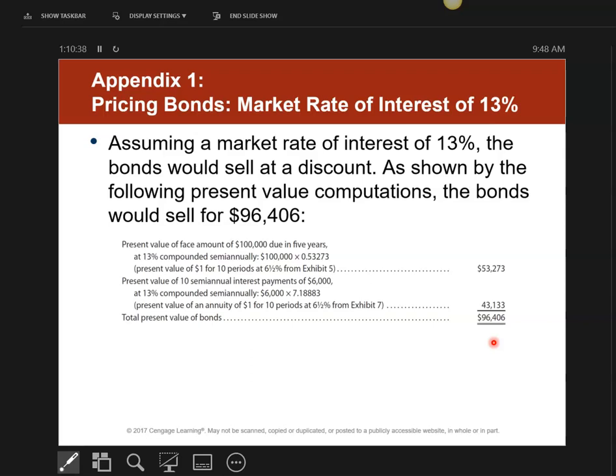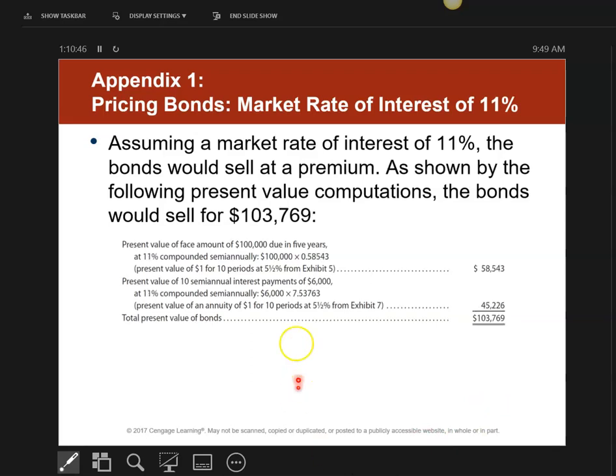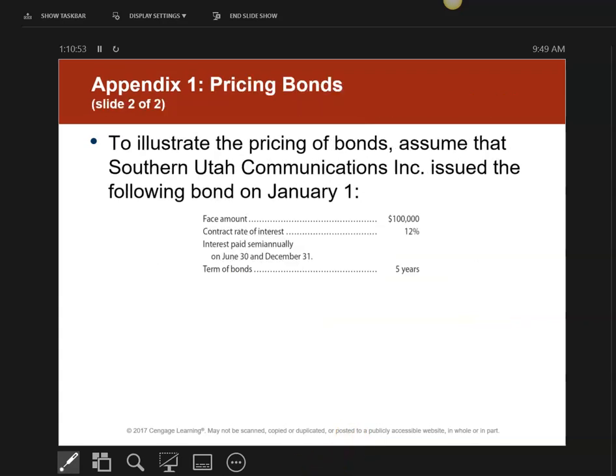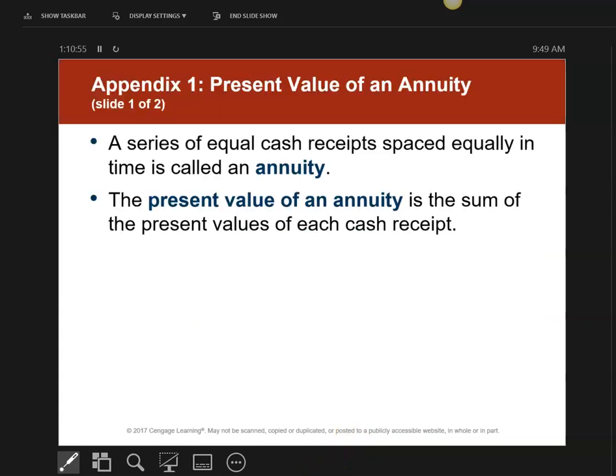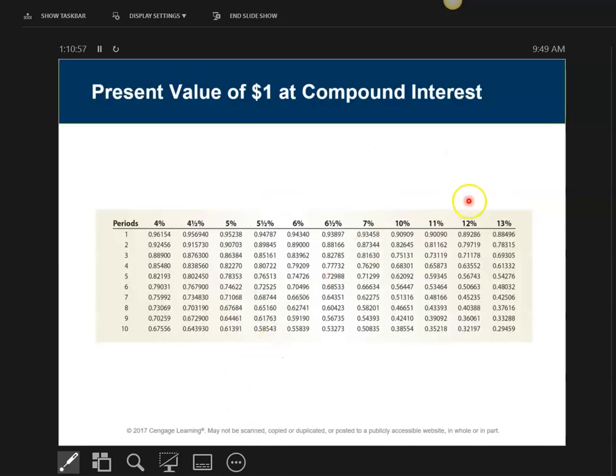Next, we're going to look at market rate is 11%. So remember, market rate is less than contract rate. I'm selling them at a premium. So market rate is 11%. So now what I'm actually going to do, I'm going to go back again to the slides here. Sorry. So 11% divided by 2 will be 5.5%, still 10 periods. So I'm going to take this multiplier times my face value.